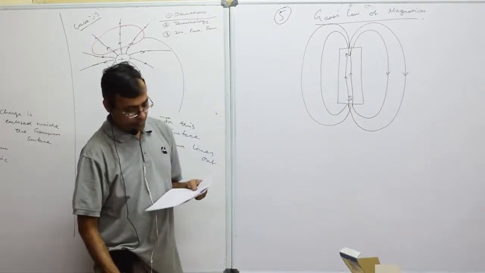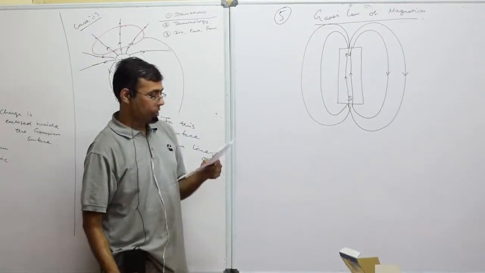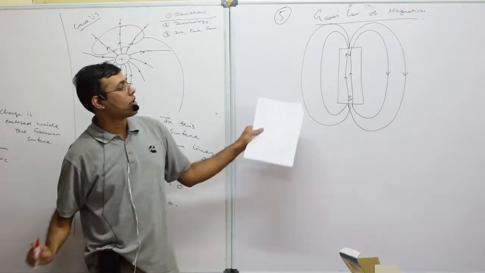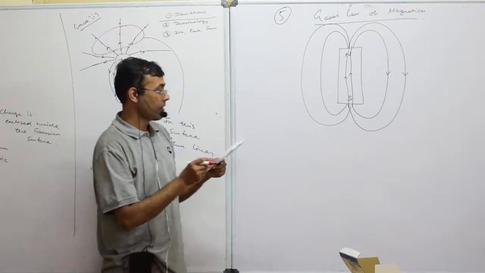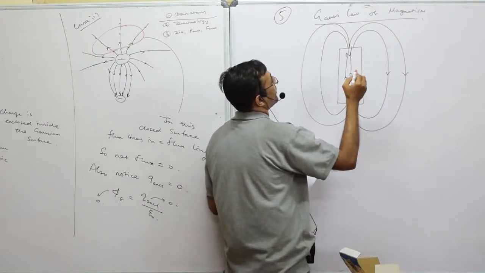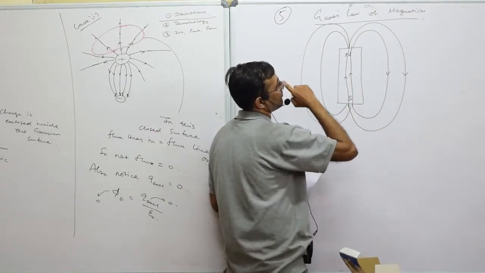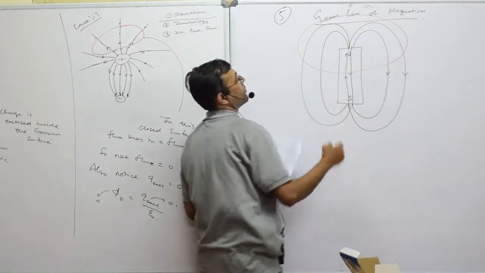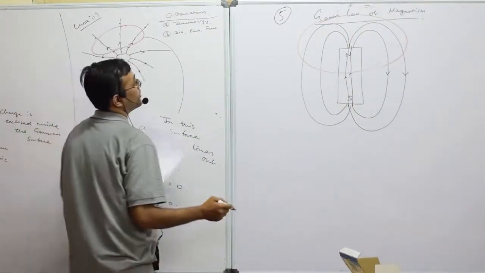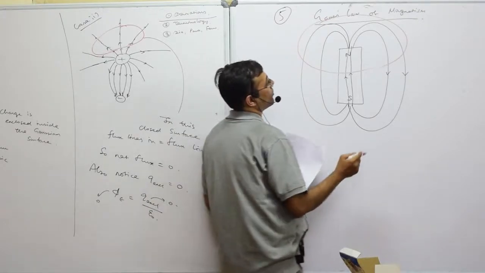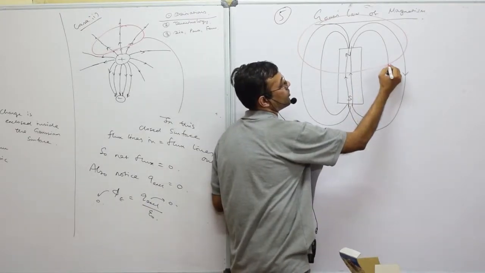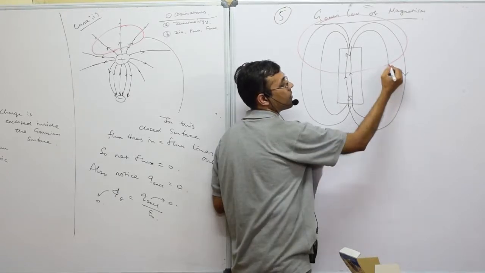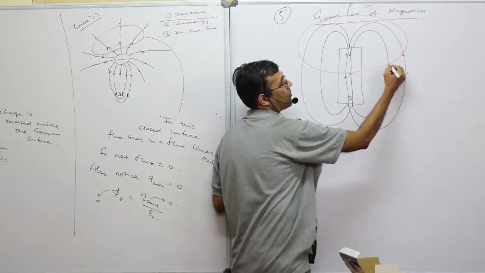Okay, it's already time, so let me quickly finish this off. Okay, so maybe I'll talk about this in the next class. So suppose if I take a field here, Gaussian surface, just like what I took in the case 1, right? So whatever is at this point, the lines are coming out or going in? It's coming out, right?